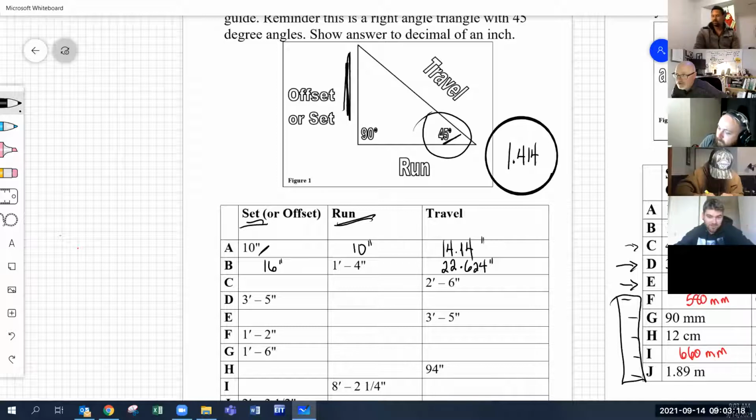Can you do that on your calculator? Didn't you just add it? We multiply. We take our run or our rise or the offset and multiply it by 1.414. It's always 1.414 times. Yeah, you're right. That's the answer.